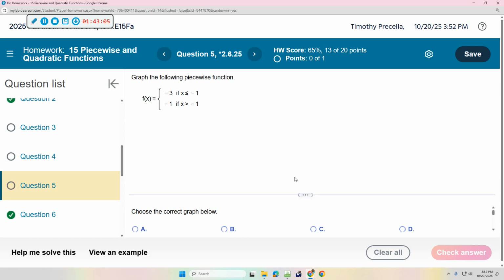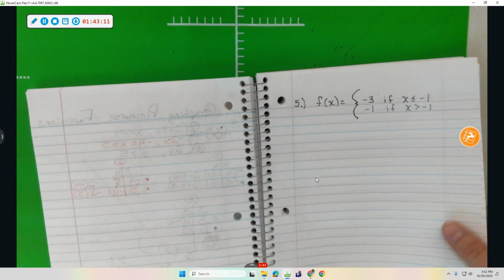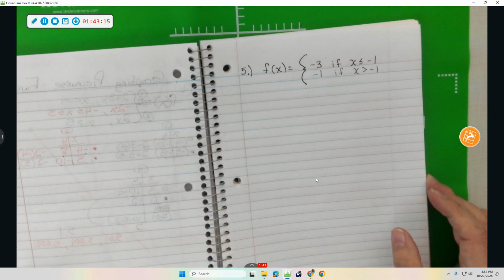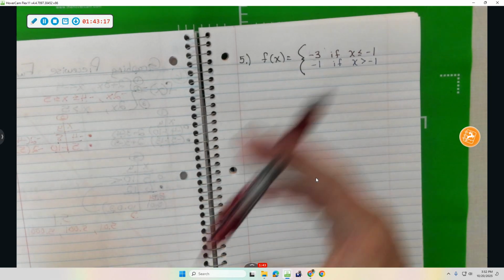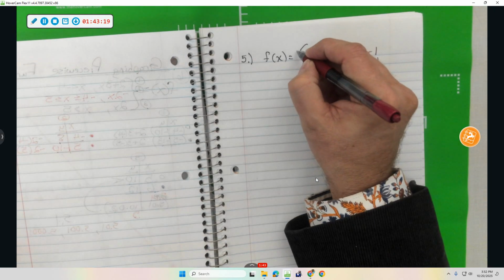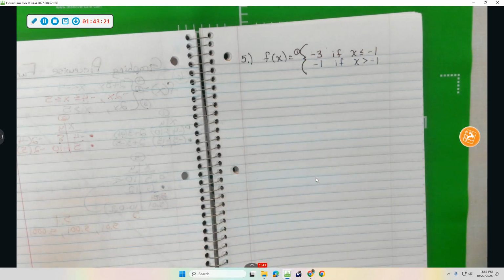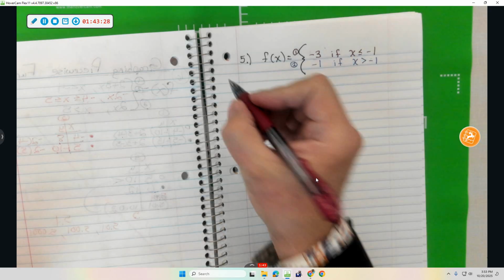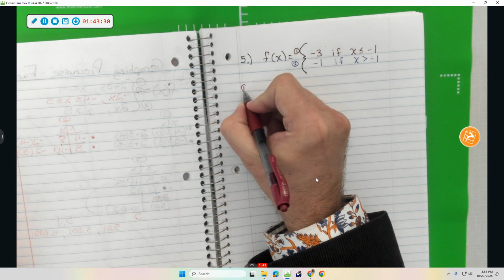Oh, wait, y'all can't even see what I'm writing here. So we're going to have, what color is that? Brown and blue. So we're going to do the first one. I'll call this rule 1 and rule 2. Rule 1.